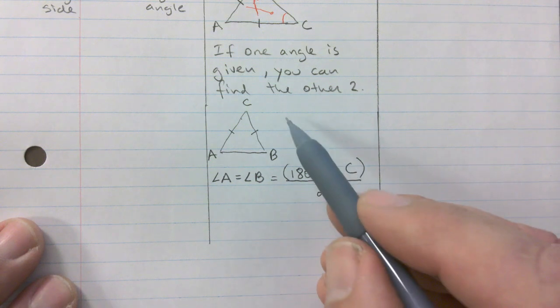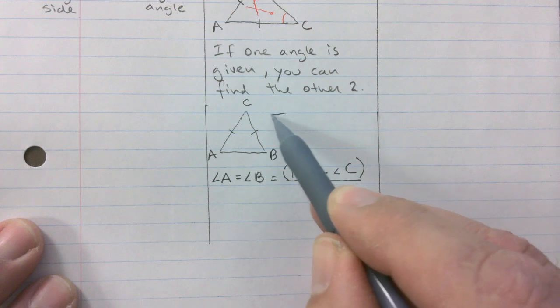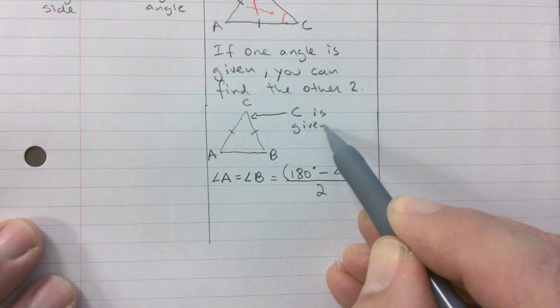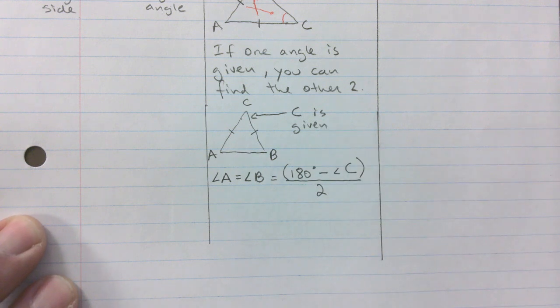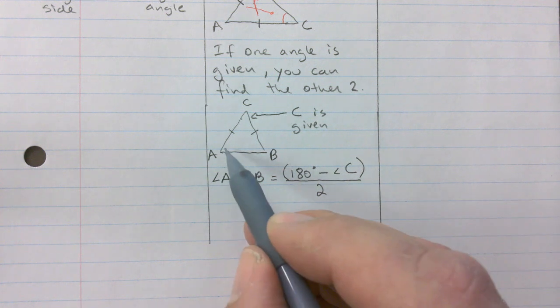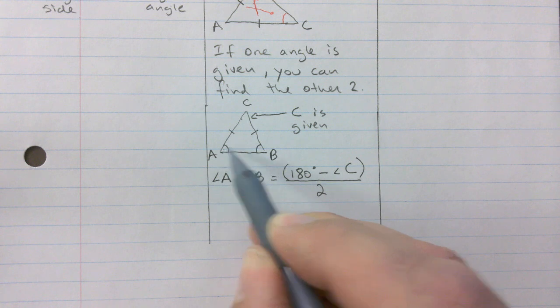So C is given, the non-equal one, the one that isn't the same. So let's put this with A and B, because that's telling you that these are congruent.